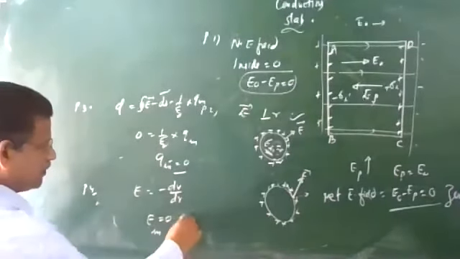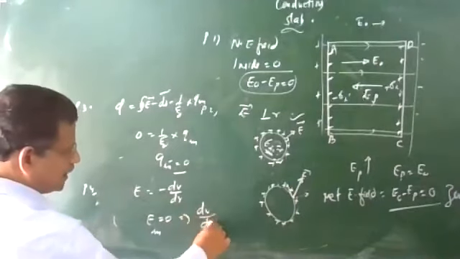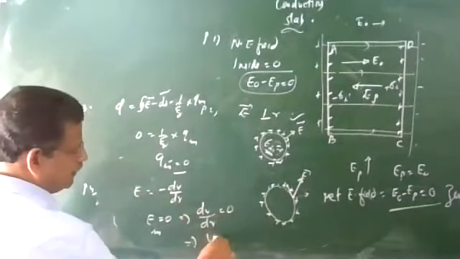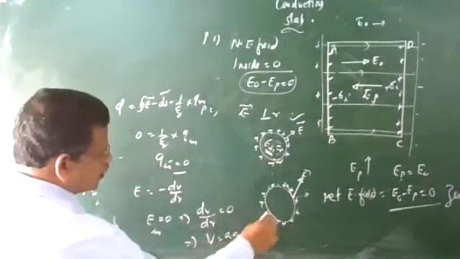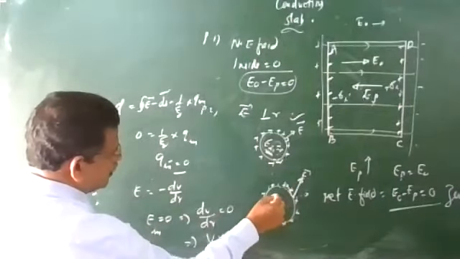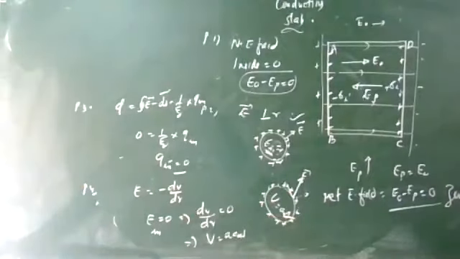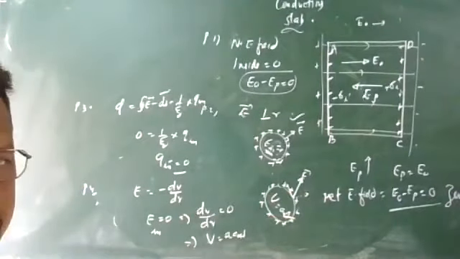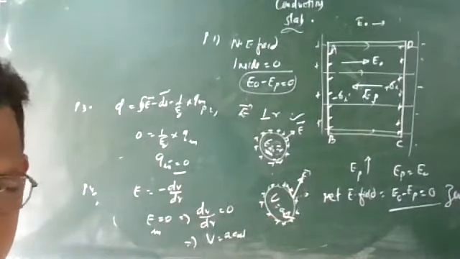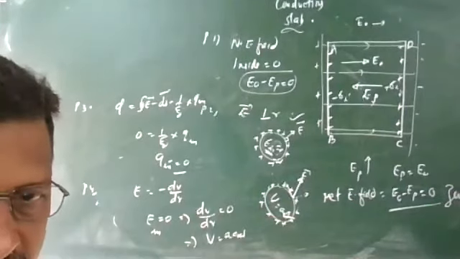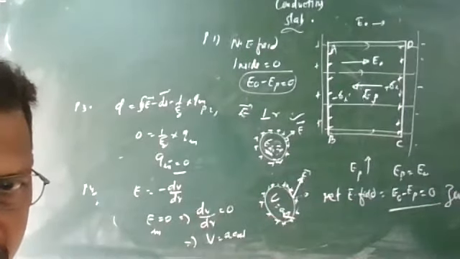This means that dV by dr is equal to 0, which means that V is a constant. Take any point, the potential is a constant. The electric field is 0 inside, and the electric field is normal to the surface.